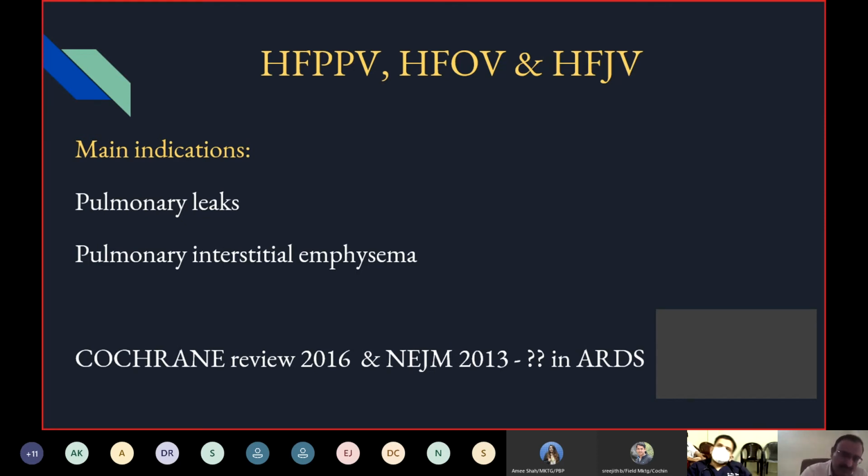Things changed as per the Cochrane review in 2016, which I think reviewed around 8 trials with around 1,800 patients, and the NEJM article in 2013 with somewhere around 400 patients, and they queried the role in ARDS. The main issue was that for the first 24 to 48 hours the oxygenation did improve, but it did not lead to any benefit in mortality. So was it really useful to have an extra piece of equipment in your ICU? Probably not.